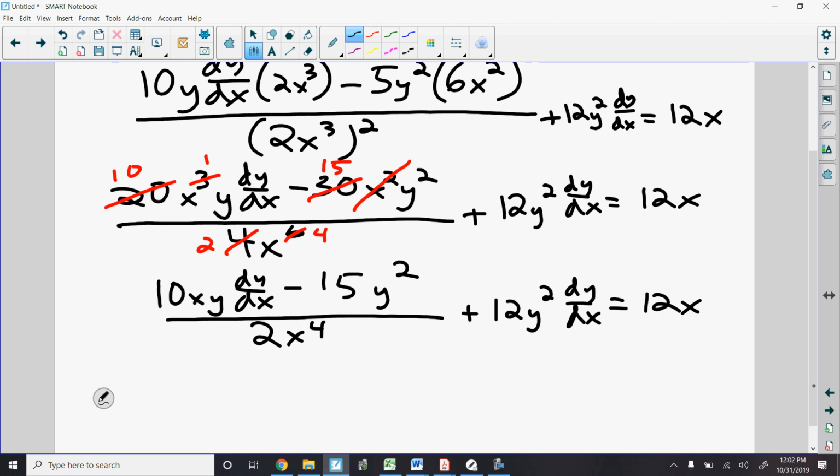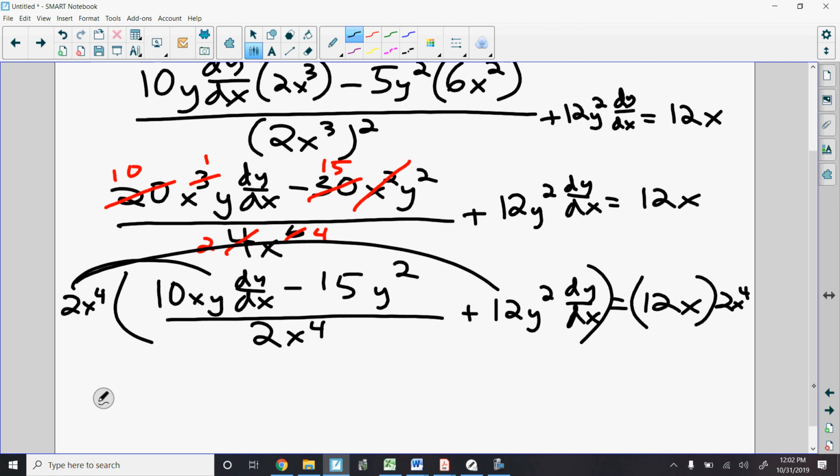Because we're doing these problems without a calculator, simplifying ahead of time is often a good plan. Now I'm going to go through and multiply everything by 2x to the fourth. So when I distribute this, right, the 2x to the fourths are going to cancel here.